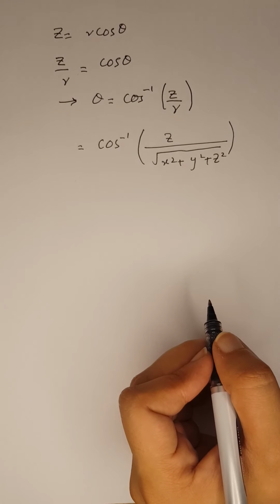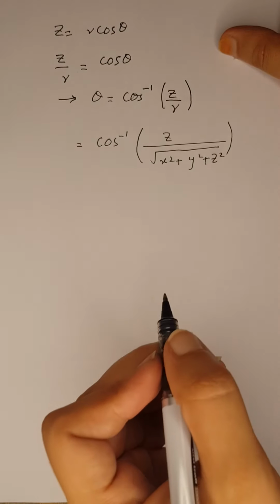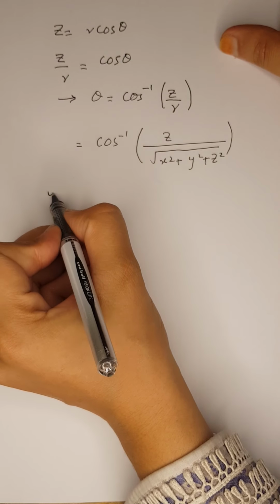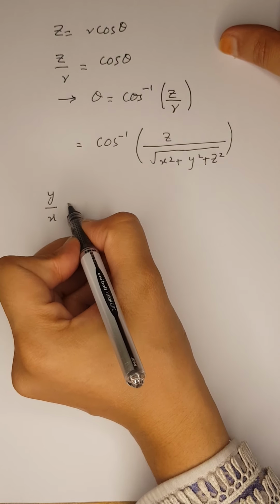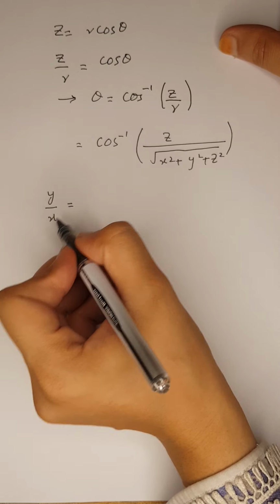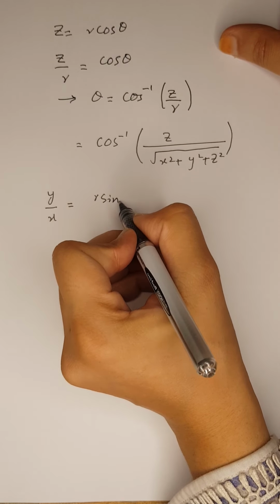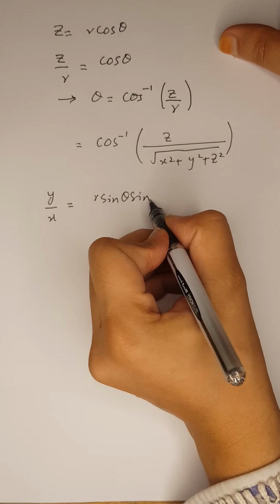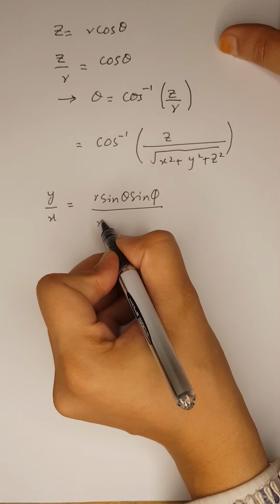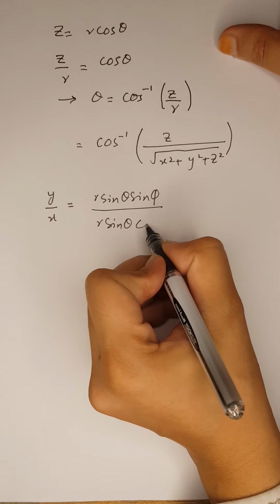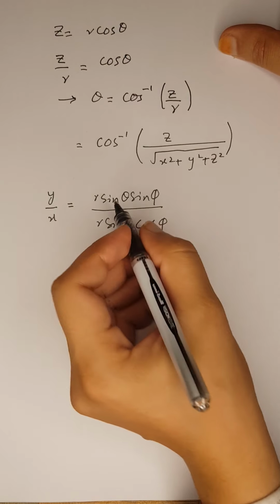Now let's determine what y over x is equal to. y over x is actually equal to r sine theta sine phi divided by r sine theta cos phi.